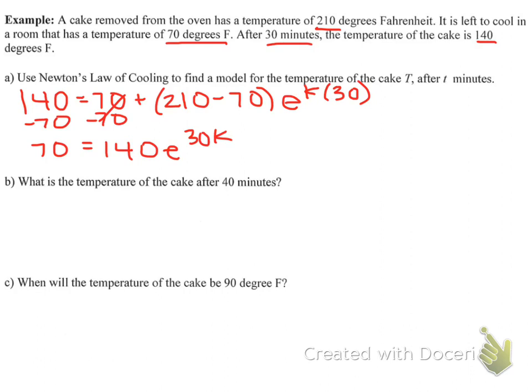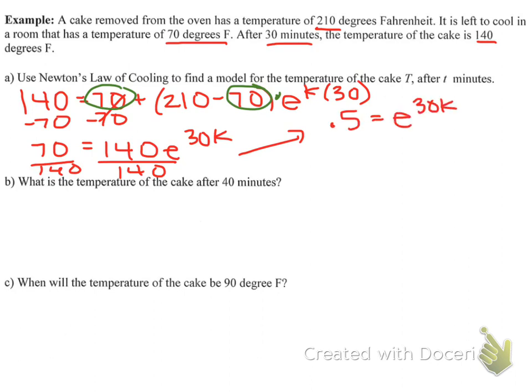A common mistake is that students think this 70 and this 70 just cancel. Not true. This is attached by multiplication, so you cannot break your order of operations. I'm going to divide by 140 to get the base e by itself. 70 divided by 140 is equal to 1/2.